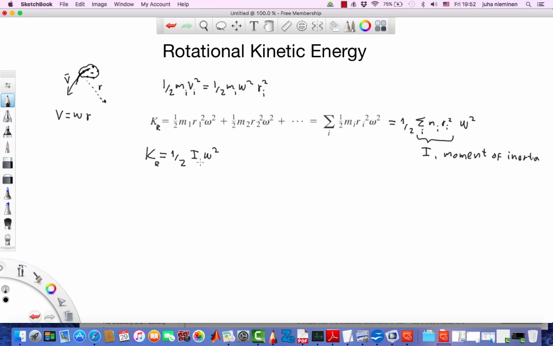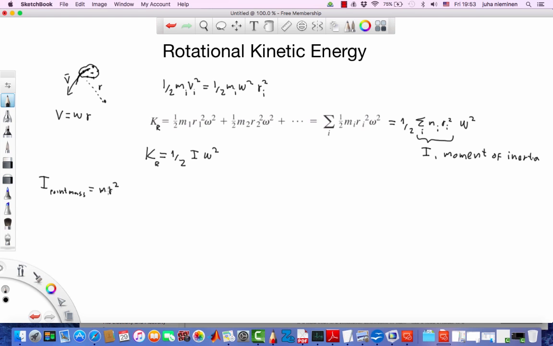And secondly, basically what the moment of inertia is, it is the distribution of mass in the object. If all of the mass was just in one particle or one lump mass, then we would see here that the moment of inertia for a point mass would be just, there's one object, mass m, distance r squared, so that would be just m r squared.